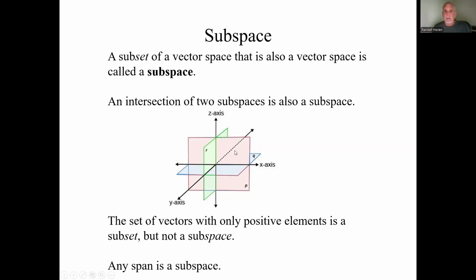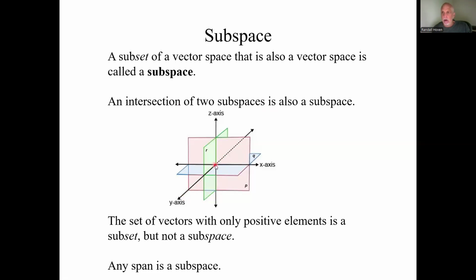Even if they're tilted, they intersect at a line, and that line will be a subspace. But if I took a vector from this plane and tried to add it to a vector from that plane, I'm generally going to get something outside of either of those subspaces. So the union of two subspaces is not necessarily a subspace. Let's just think of a line in one of these planes.